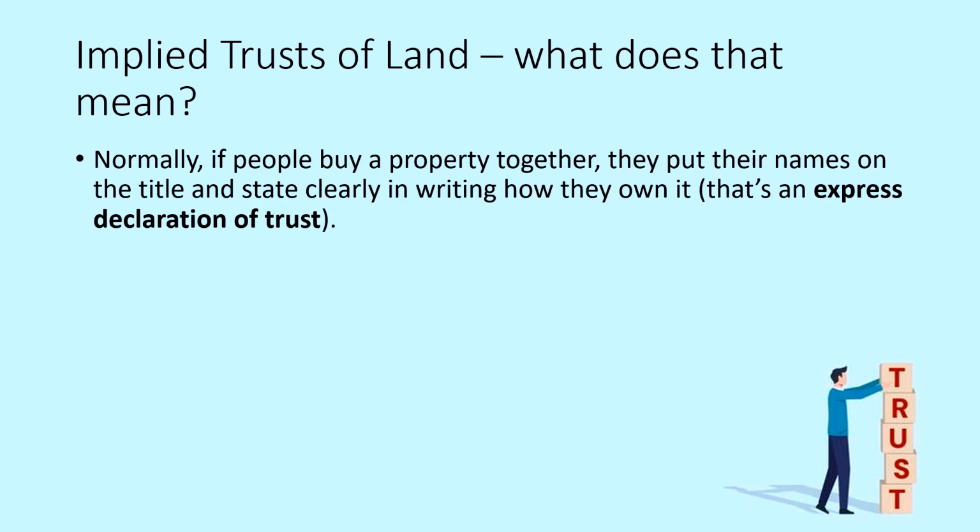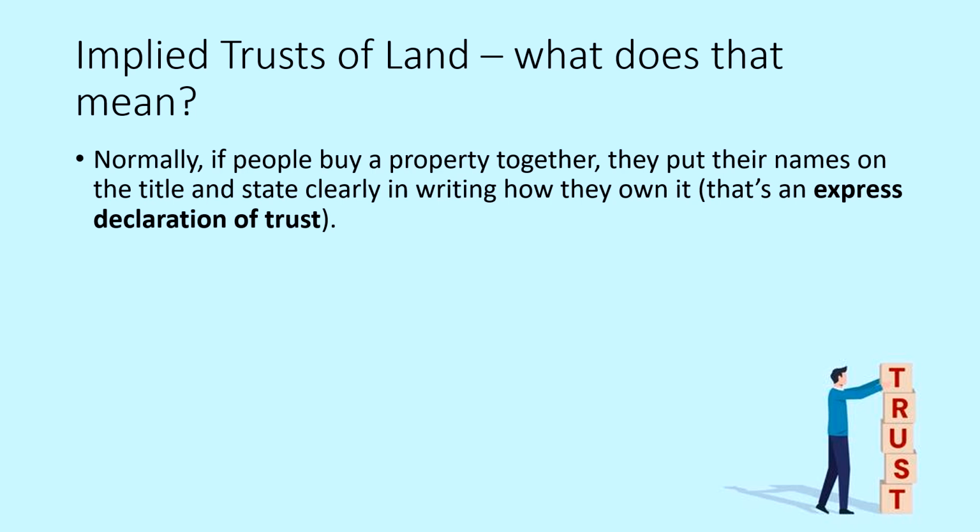So implied trusts normally occur when there's more than one person, so a couple of persons, 2, 3, 4, buying a property together. And now the question will be, in whose name are the title deeds, what's being regulated in the documents, and so on.